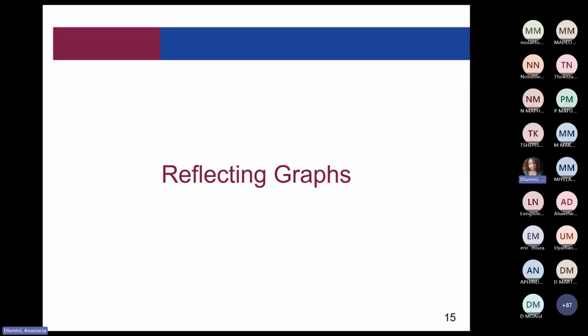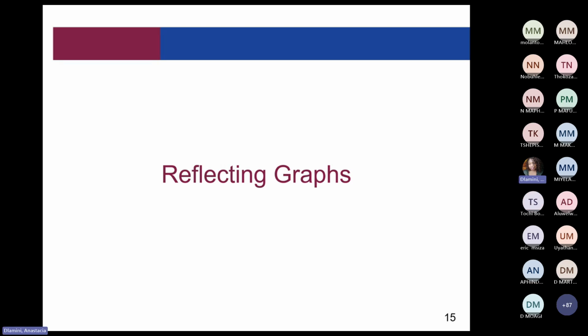Now, reflecting a graph. Do you have an idea of what reflecting a graph is, guys? Yes, ma'am. What is it? Remind me. Is it turning the graph into the inverse?